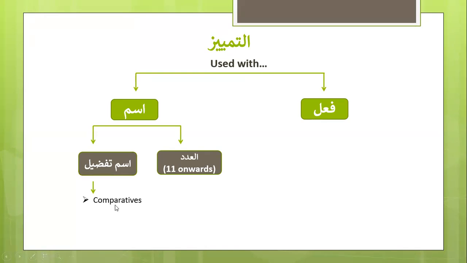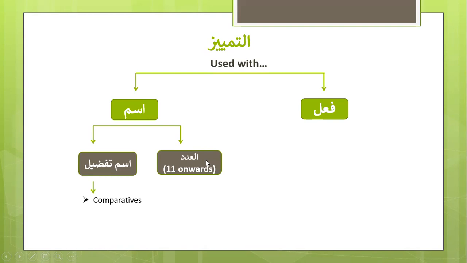So comparatives, when you compare something, something is more, something is less. Just writing more does not give you an idea what exactly you are talking about. You have to give more detail: more what, less what, better in what, worse in terms of what. So that is what at-tamyiz does. It adds details to these comparatives.